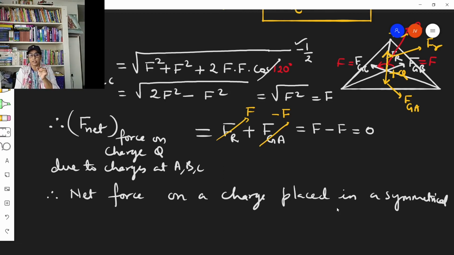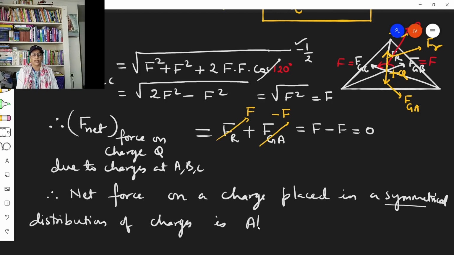If the charge that was placed on the centroid is negative, then also net force due to all other charges which are placed at the vertices of the equilateral triangle or say vertices of a square, net force will be 0. So net force on charge placed in a symmetrical distribution of charges is always 0, and hence this is the answer.